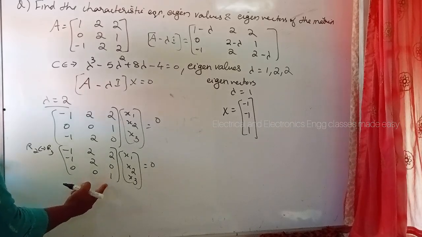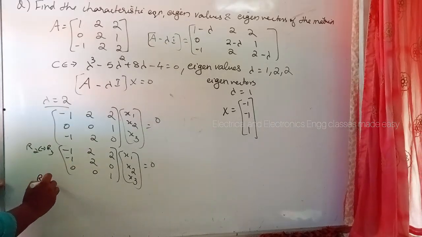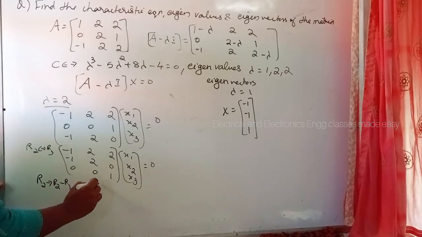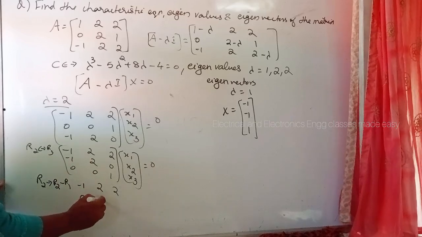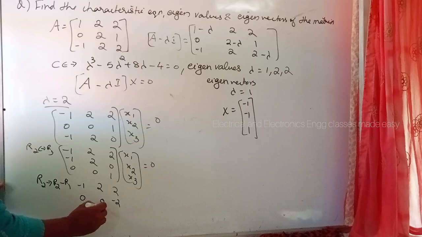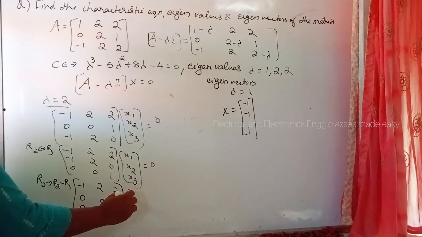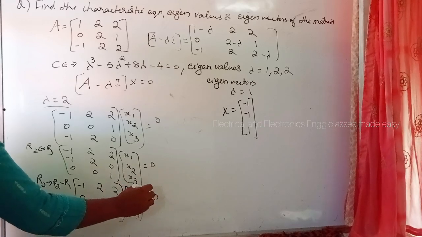Now here we can make this element 0. That is R2 implies R2 minus R1. That is minus 1, 2, 2, 0, 2 minus 2, 0, 0 minus 2, minus 2, 0, 0, 1 into x1, x2, x3 equal to 0.